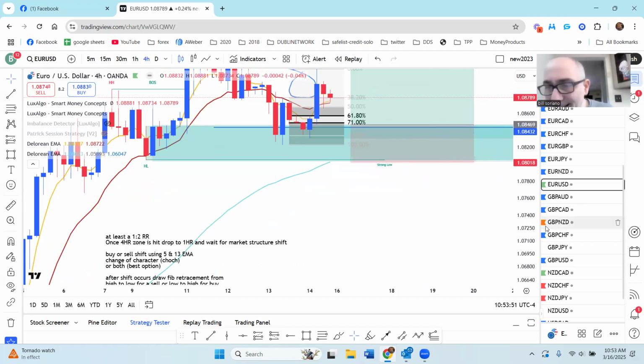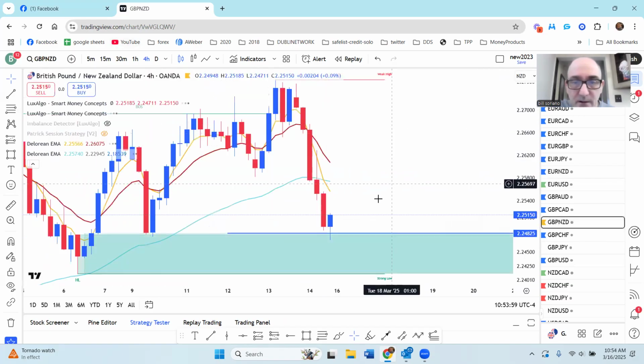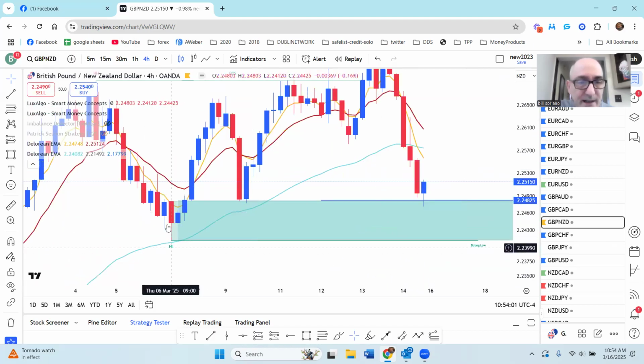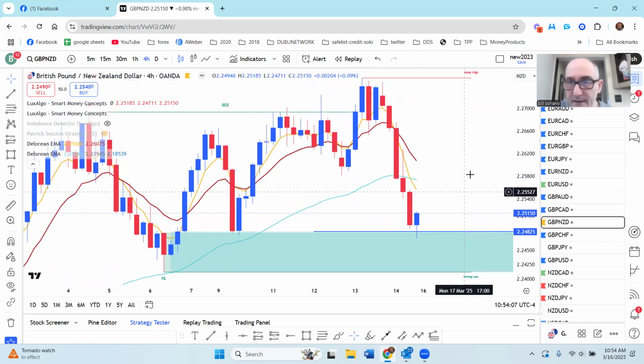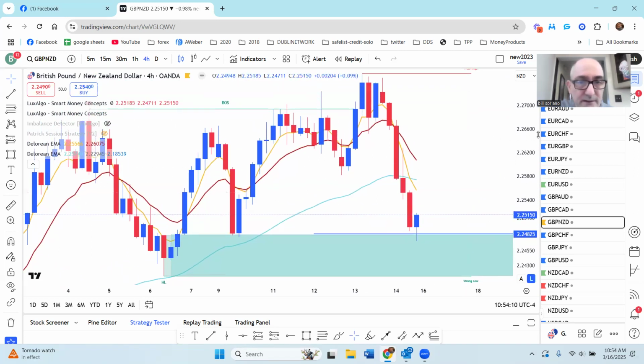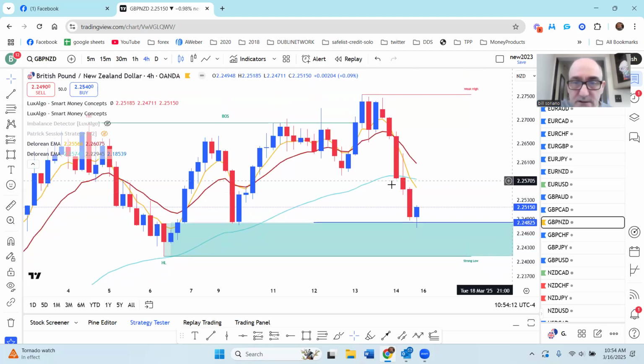Now, when you get a yellow flag, that means that the 4 hour zone has been hit. So if we go to GBP NZD here, we see that the indicator was giving us this zone right here, and we see that this zone has been hit. Now, by the way, we only like to trade zones once.